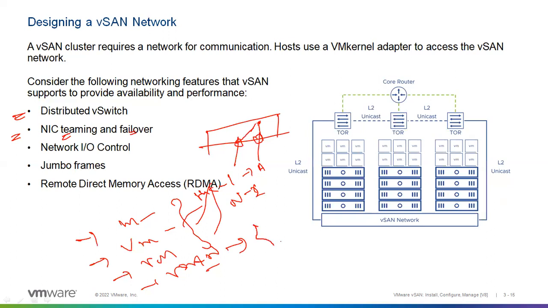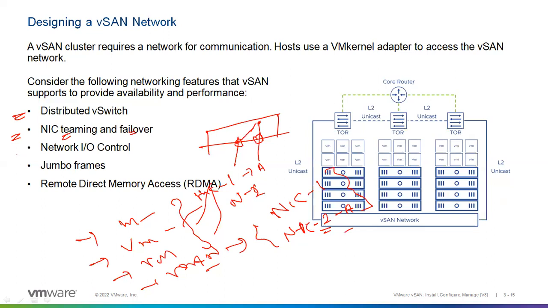Especially for vSAN, NIC 2 will be active and NIC 1 standby. The meaning is to align a dedicated network for your vSAN traffic, because it generates a lot of traffic.